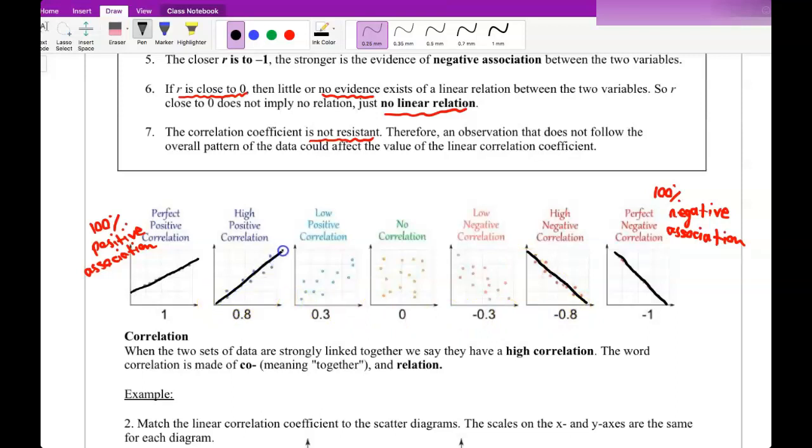Same thing on this part. By drawing a straight line, we can have some of the points on that line, but some are outside. This is a straight line, but these points are very close. So this is high positive correlation because we have a positive slope. And what is this one here?